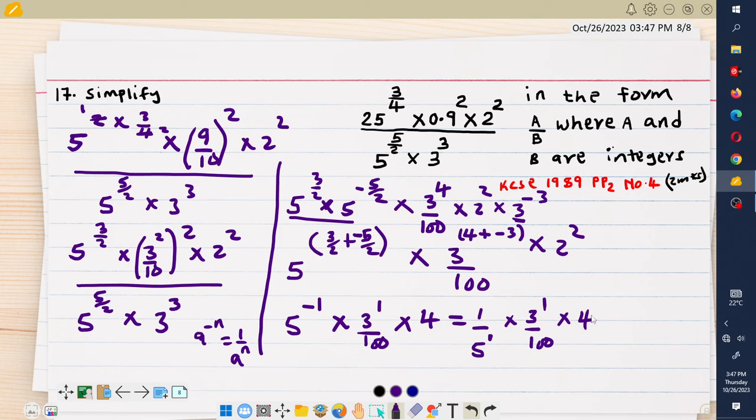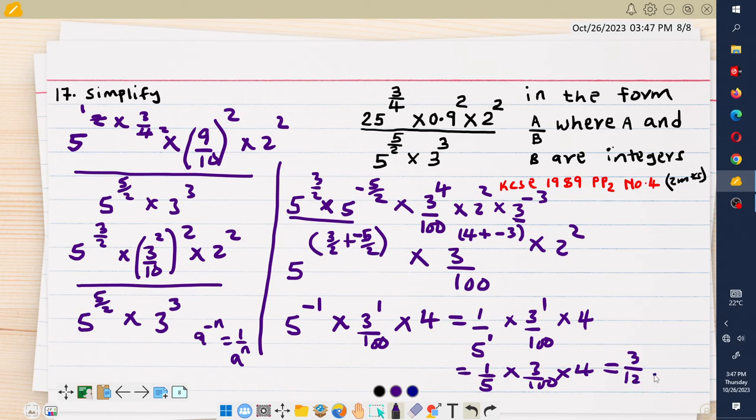So this simply means we are having 1 over 5, then we are multiplying with 3 over 100, then multiplied by 4. If you compute this on your calculator, you are going to get your answer as 3 over 125. So this is equal to 3 over 125.